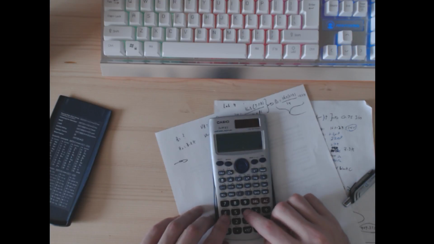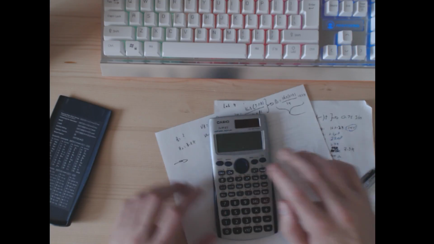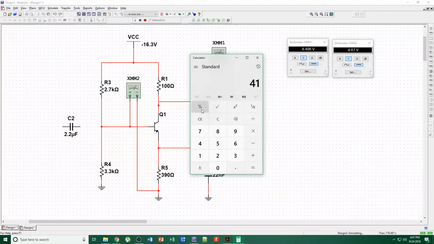So 16.3 multiplied by 3300 divided by 14 minus 3300 gives me 542.